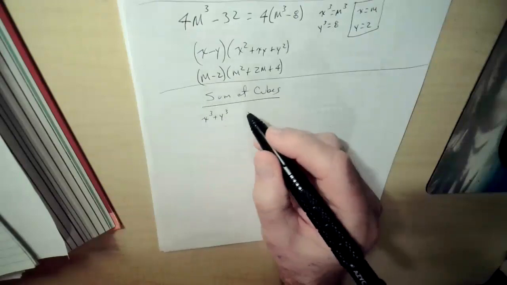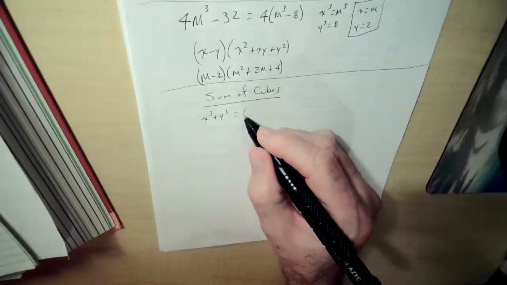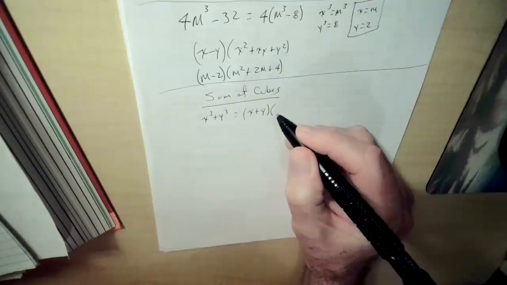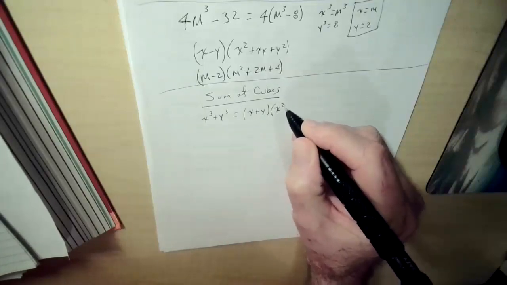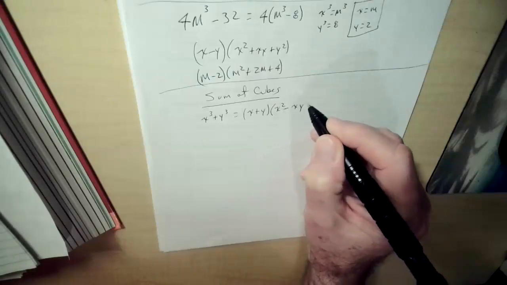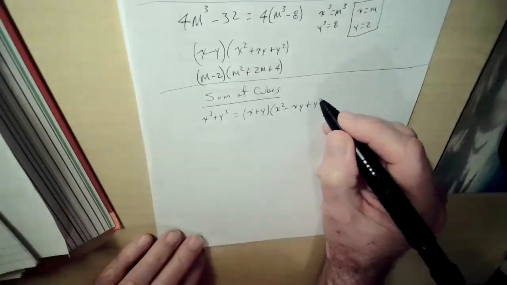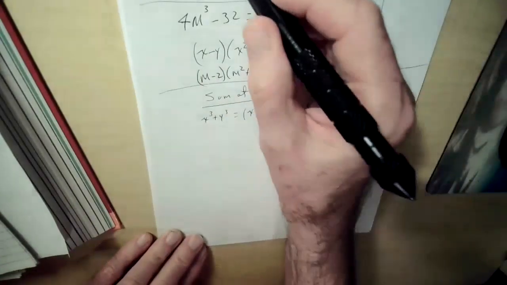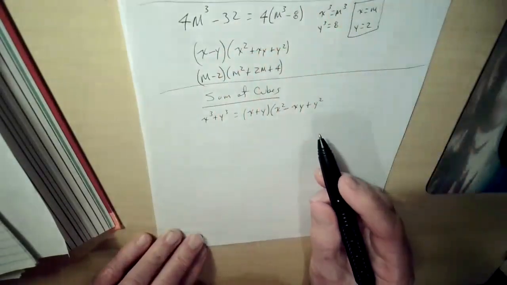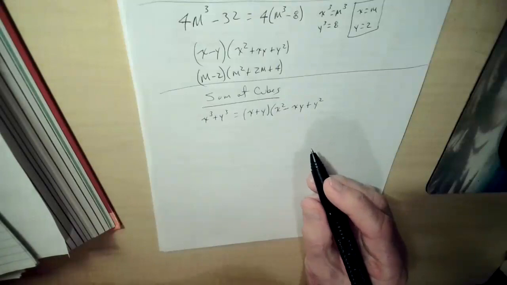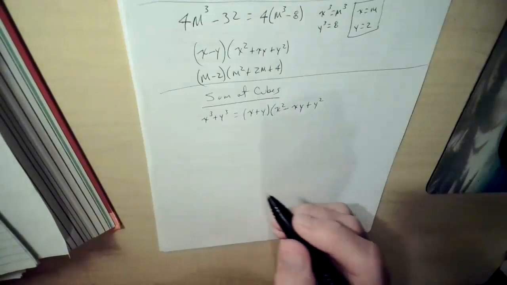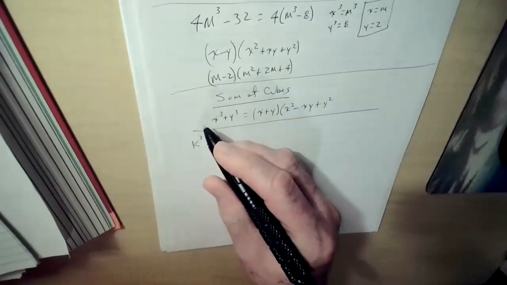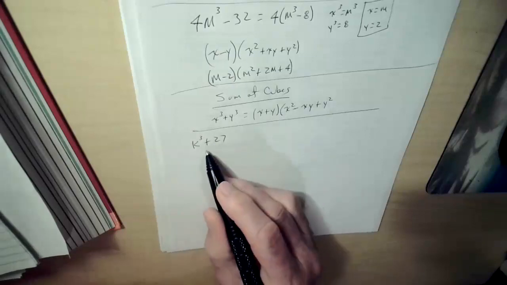So the sum of cubes, x cubed plus y cubed, will be x plus y, same thing as this, times x squared minus xy plus y squared. Everything's the same in these two formulas, except this sign and this sign. Otherwise, they're all the same.